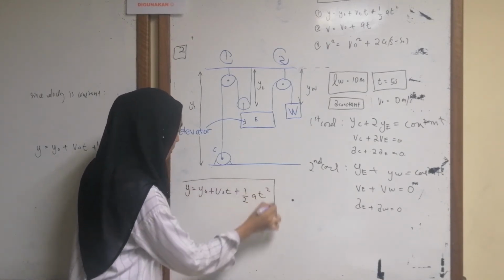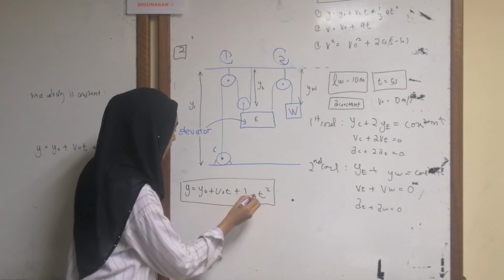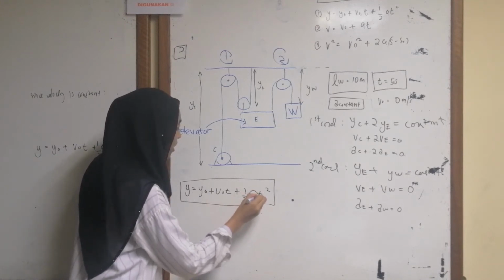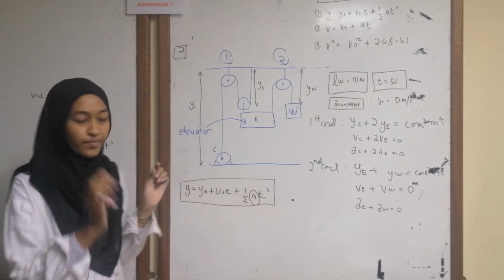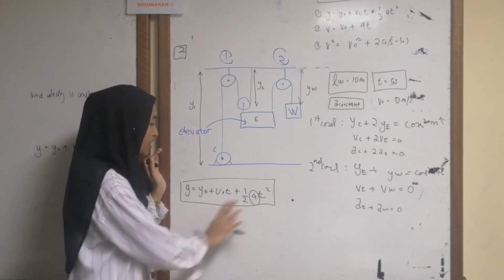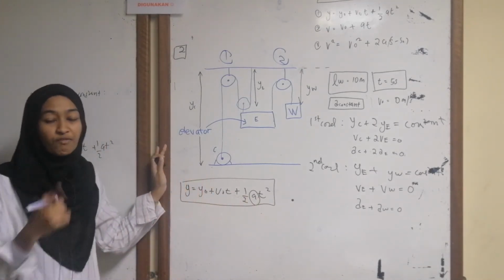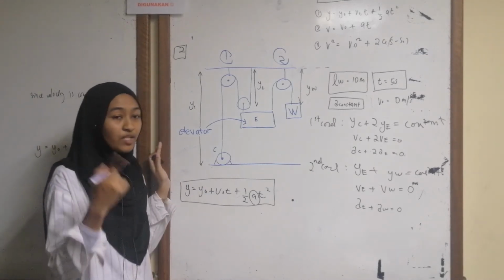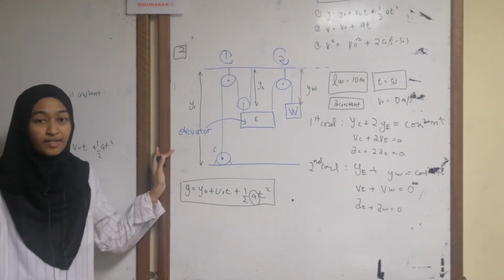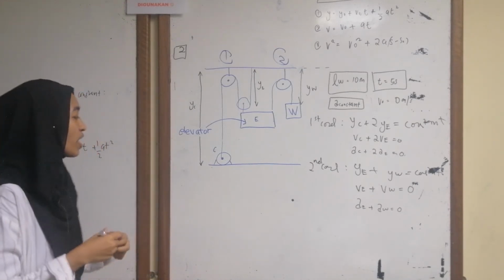From this, we will find the acceleration of the weight. When we find the acceleration of the weight, we can find the accelerations of E and C. So I will show you how to solve this problem.